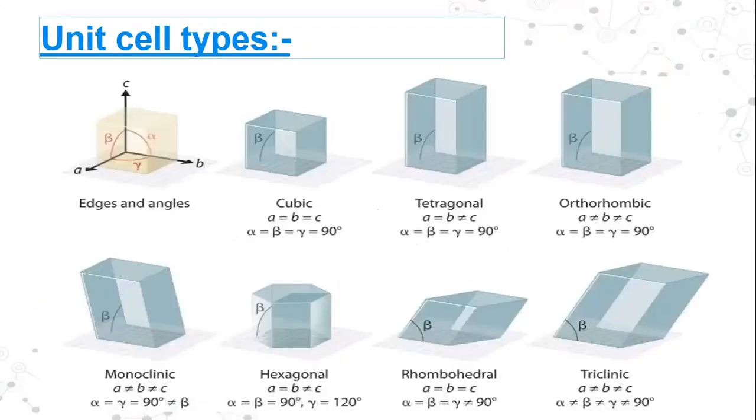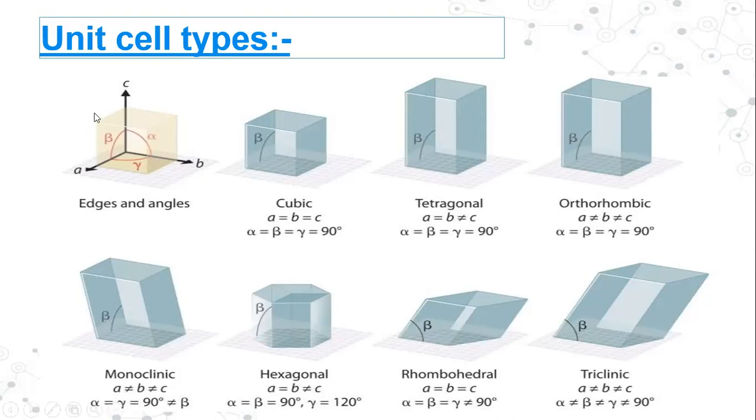Next one is the rhombohedral. In the rhombohedral, the lengths of the edges are equal, that is A is equal to B is equal to C, but the angles are different, that is alpha is equal to beta and beta is equal to gamma, but they are not equal to 90 degrees, so they are less than 90 degrees.